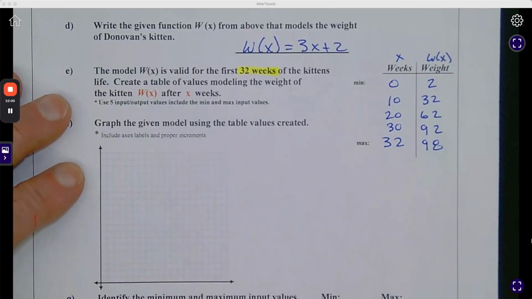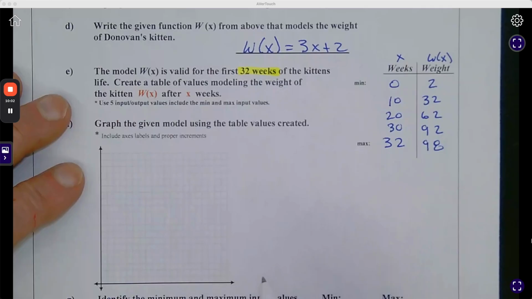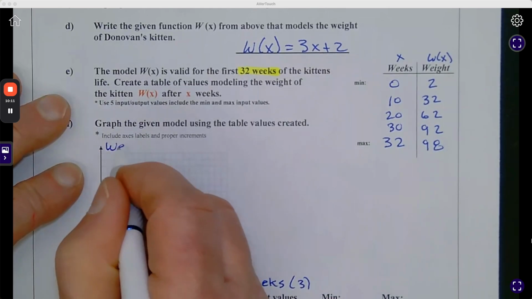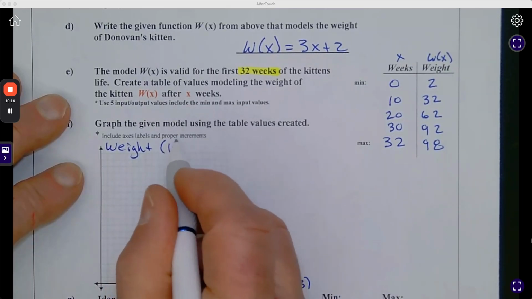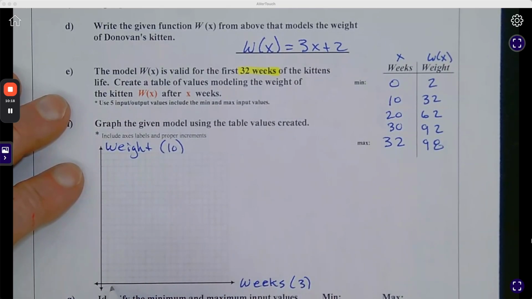All right. Now we're going to graph it. Okay, so this is weeks, and I'm going to do increments of 3. And this is weight, and I'm going to do increments of 10. Okay, so that's 3, 6, 9, 12, 15, 18, 21, 24, 27, 30, 33, 36.